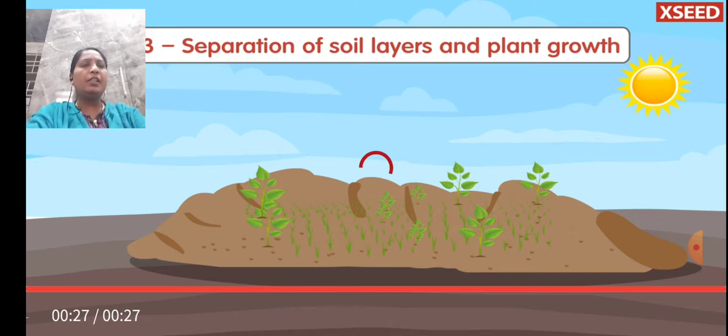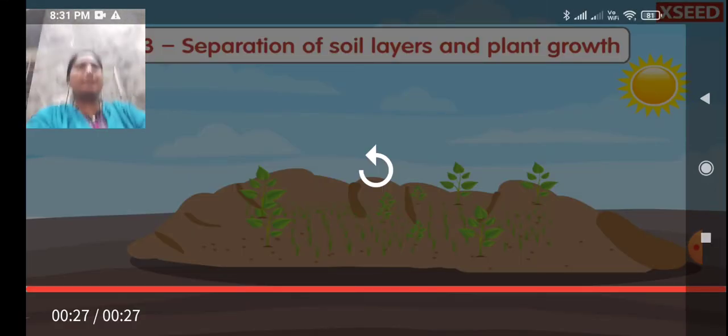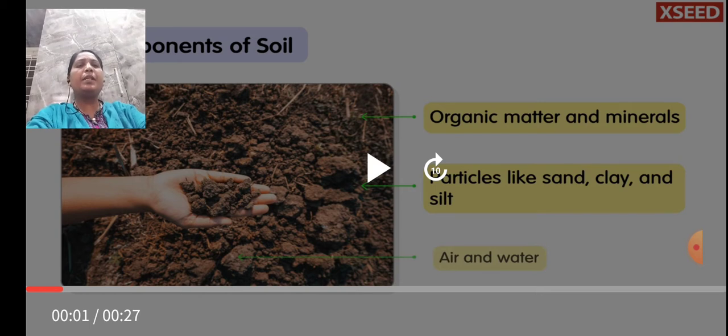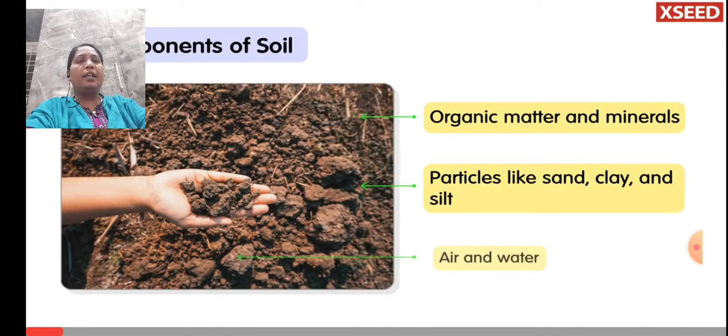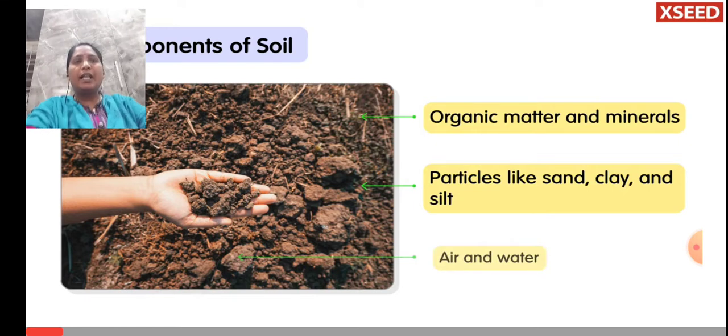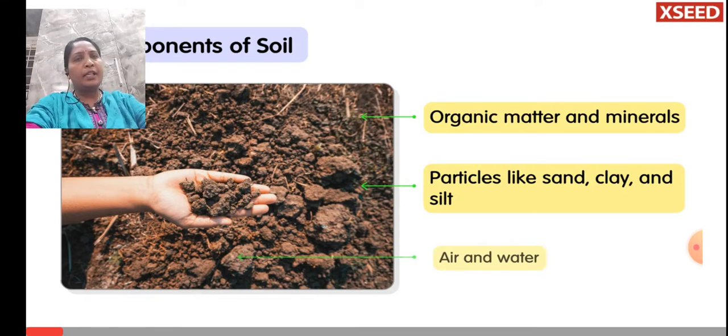Understood, children? Once again, we'll discuss this video. Soil is made up of... You can see the picture of soil. A dark brown colored soil you are able to see in the picture, and it contains different materials like organic matter and minerals. Just now I told you what organic matter means.